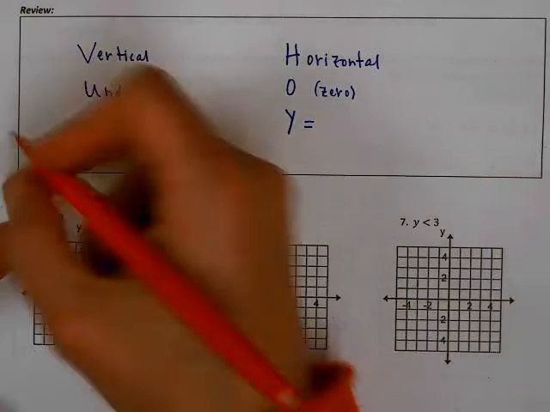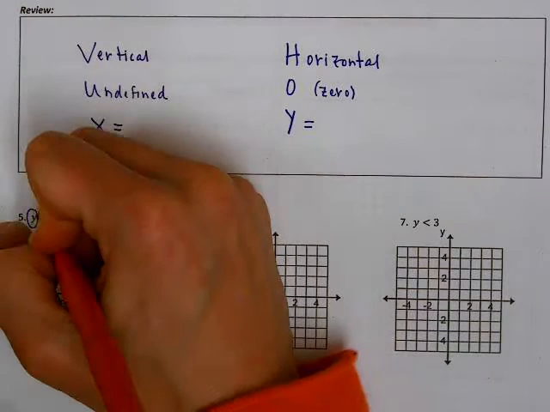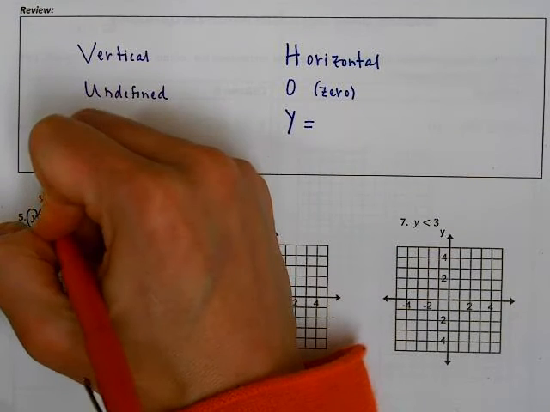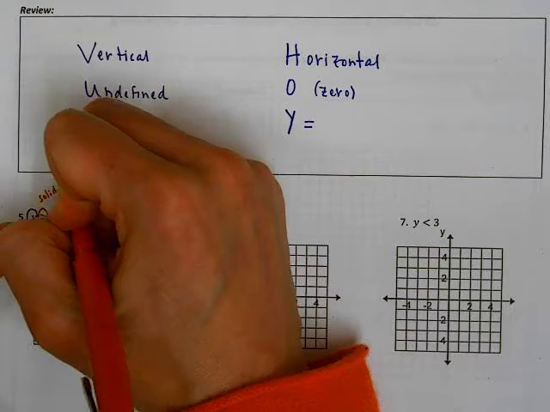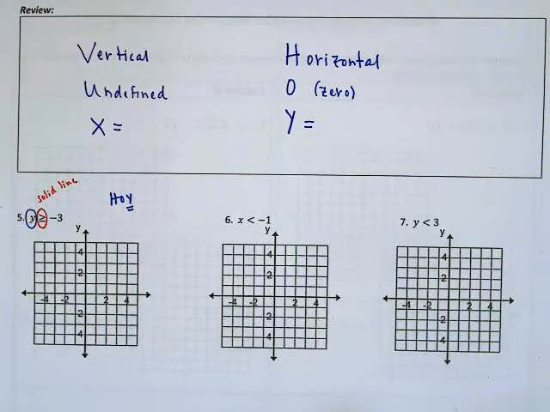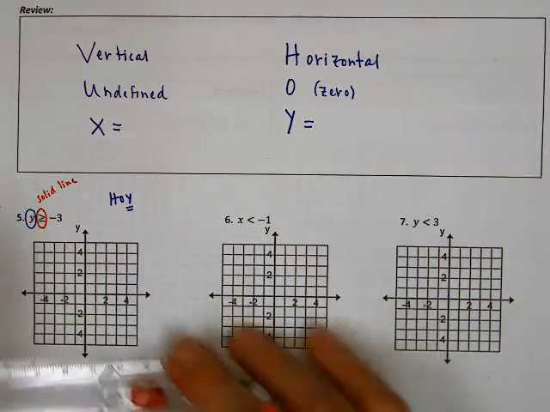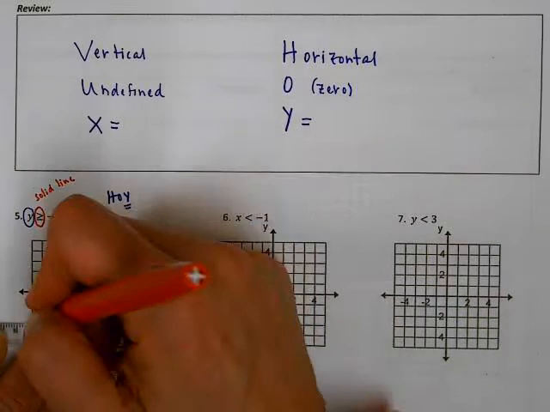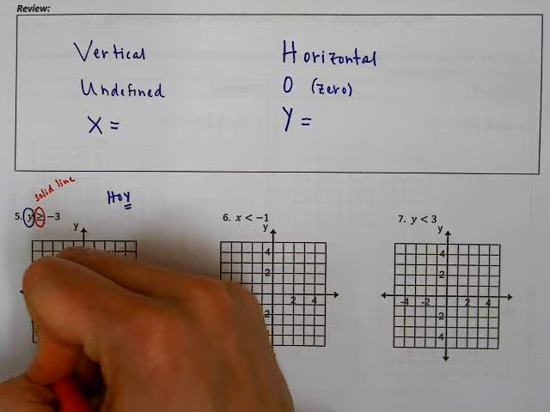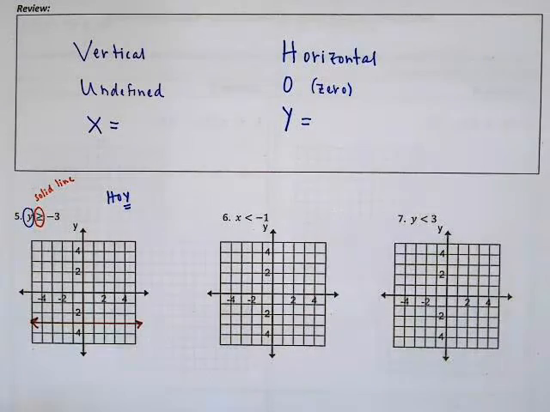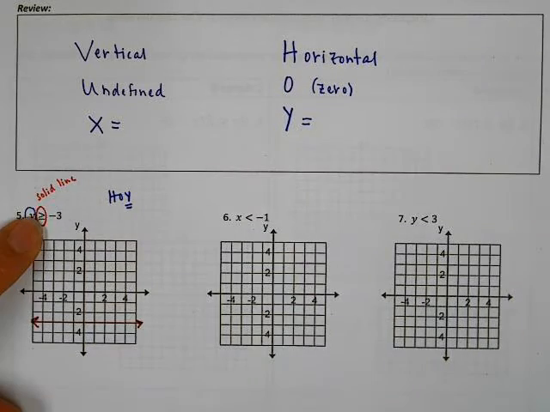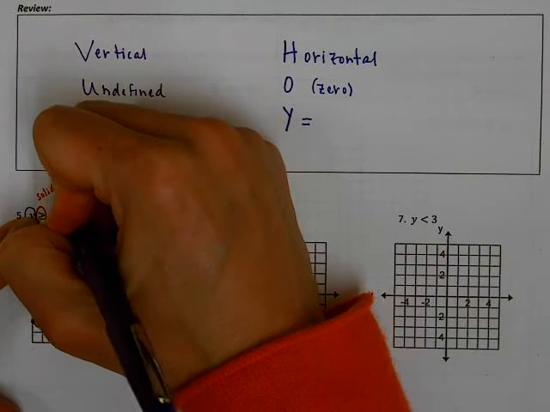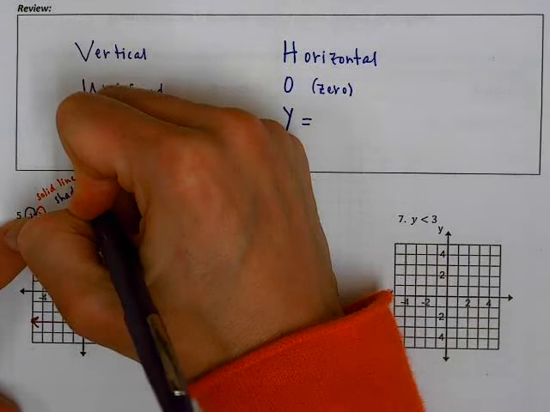Now, because I am greater than or equal to, I know I'm going to have a solid line. So at -3, I'm going to put a solid line. Then, because I said it greater than, I'm going to shade above.